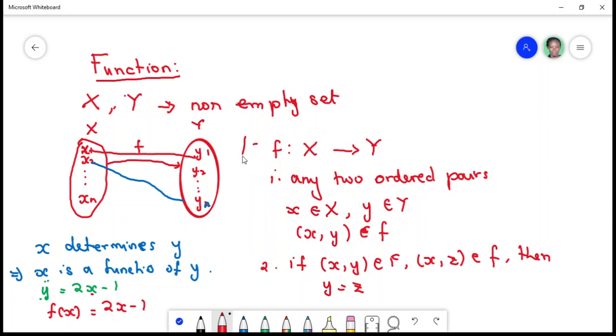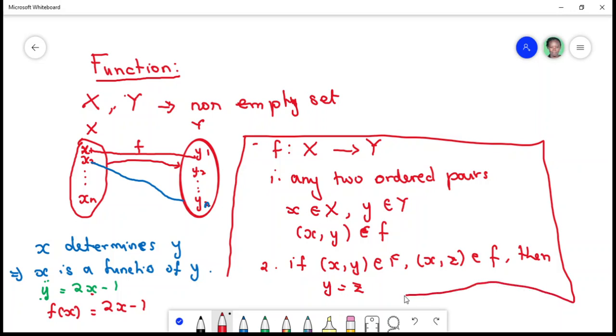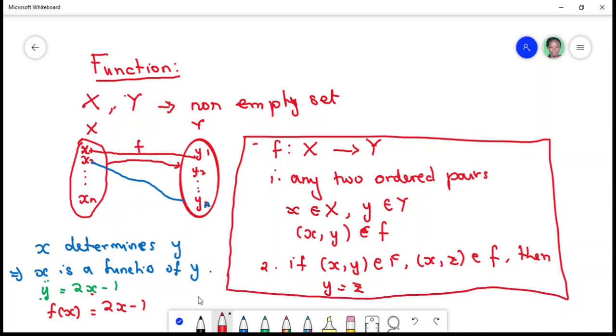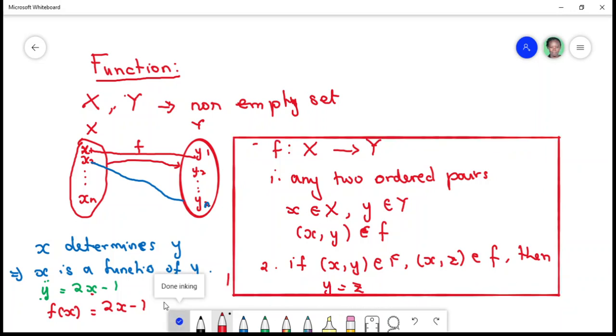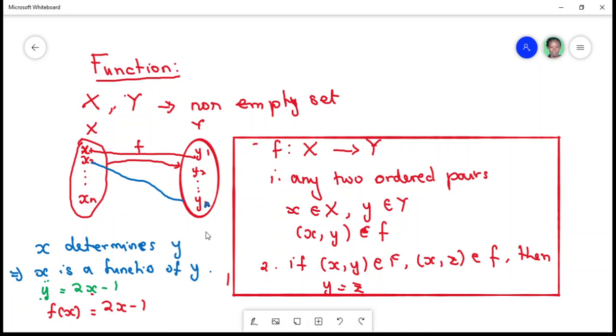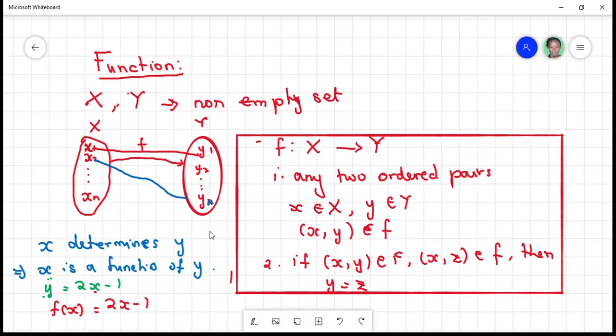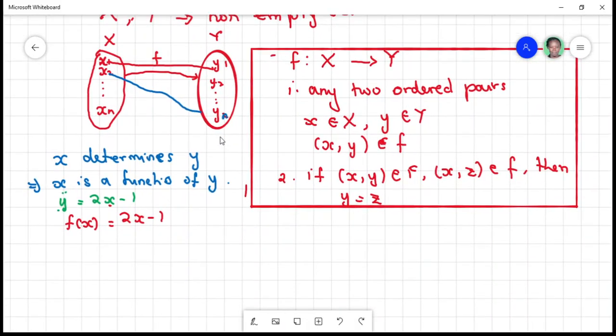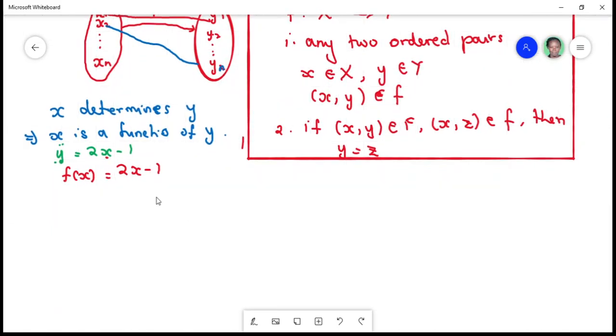So this is basically the definition of a function, which is a rule. If you remember your rule, or a map, x mapping towards another.